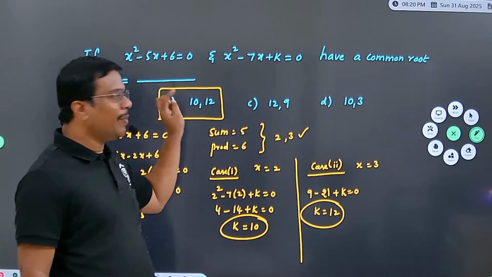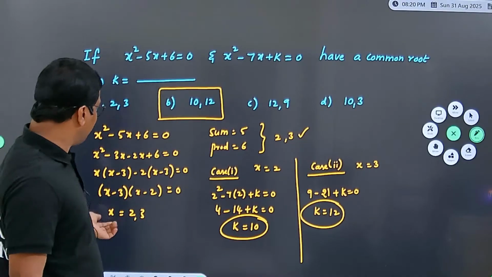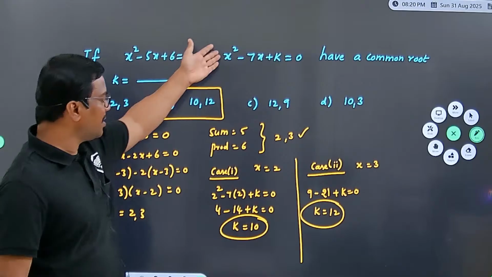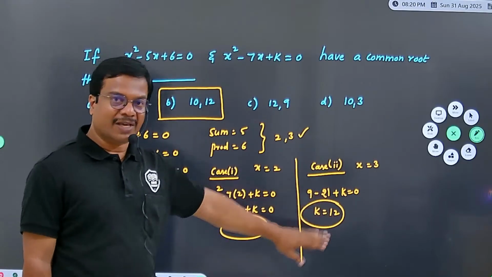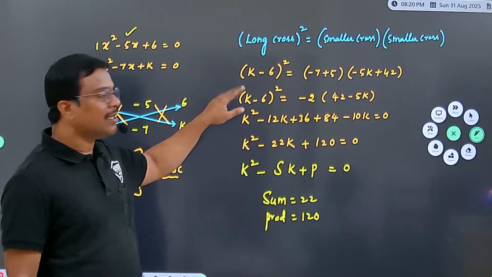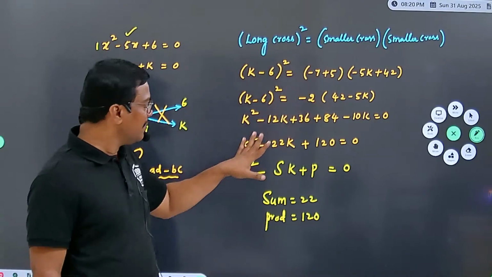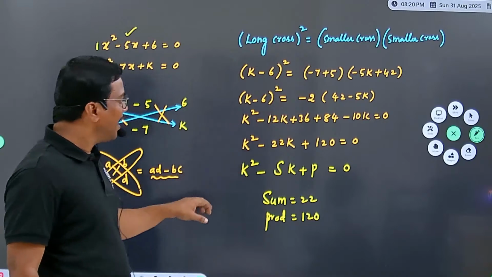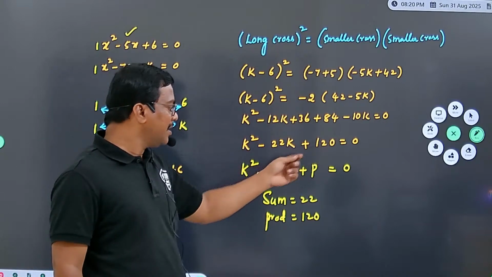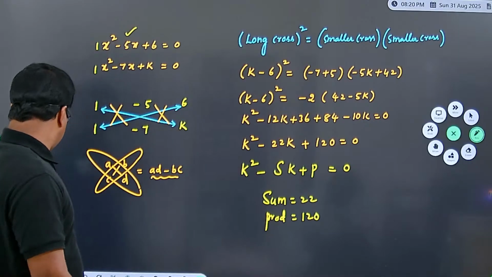You may write the factors first and after that get the values of x, substituting in this, automatically you will get the values of k, or otherwise you may follow it like this. Long cross whole square equals small cross into small cross gives a second degree equation, and in that second degree equation let us write the sum of roots and product of roots and then cross check the options.